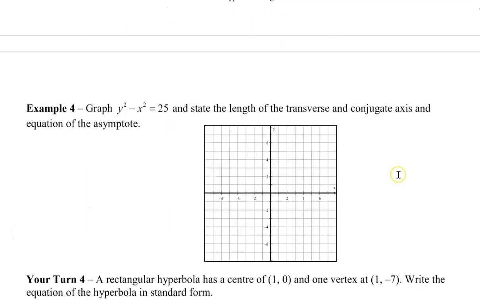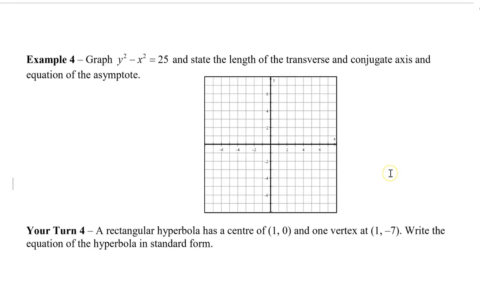All right, let's take a look at an example. So here I have y squared minus x squared equals 25. And let's also find the length of the transverse and the conjugate axis. And let's find also the equation of the asymptote. Now, because this is a rectangular hyperbola, and we can see that it is because y squared minus x squared is equal to 25, and it's only one number. There's no coefficients in front of y squared or x squared.